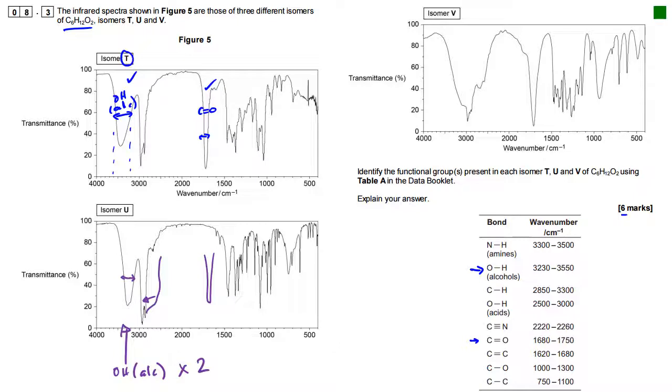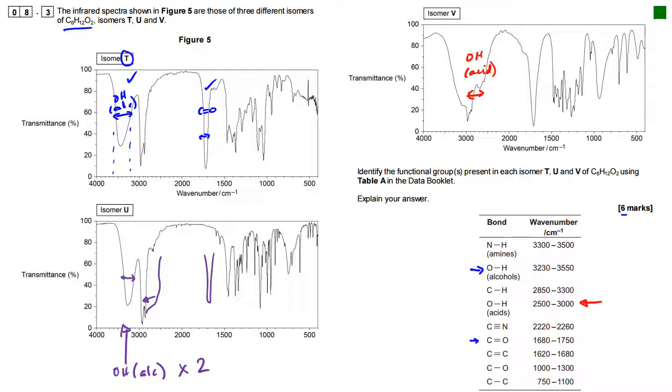Okay, moving on to isomer V, and this is quite an interesting peak here, which is quite broad, and it finishes about 3000, and does involve an oxygen as well. So we're looking at this one here, which is an OH group. So let's say that's the hydroxyl group of an acid this time.